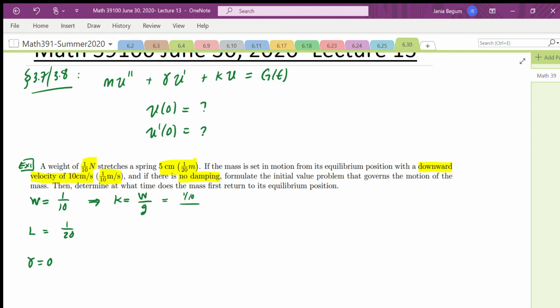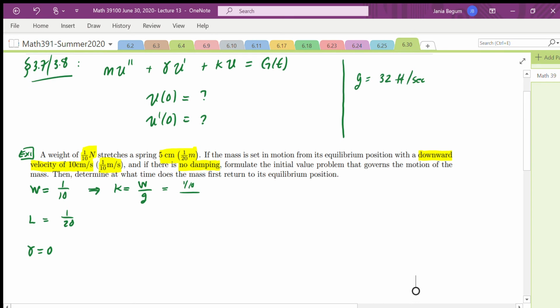There are two constant values for G. G could be either 32 feet per second squared or 9.8 meters per second squared.